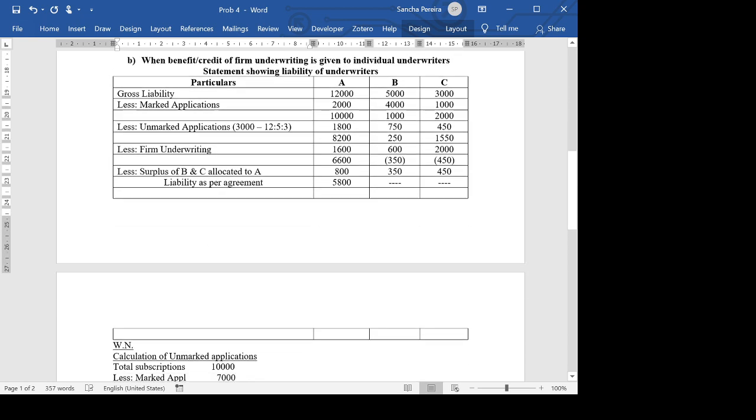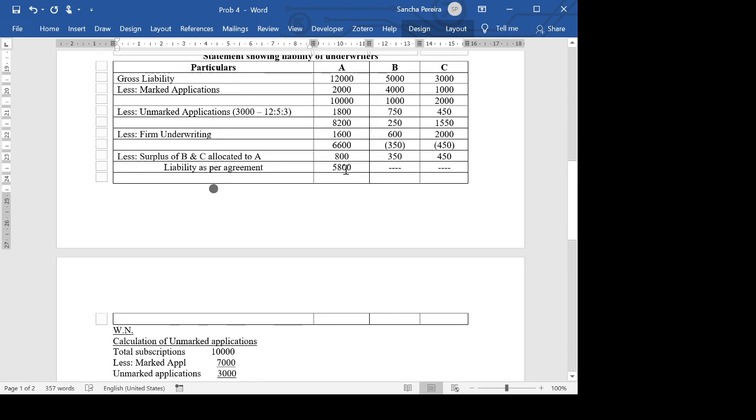That means the entire 5,800 has to be taken up by only A. And then towards the end, we add firm underwriting. This we do only to see how many shares they have to take up in total, with the agreement and with the firm underwriting. And each one's firm underwriting is 1,600 here, 600 here and 2,000 here.